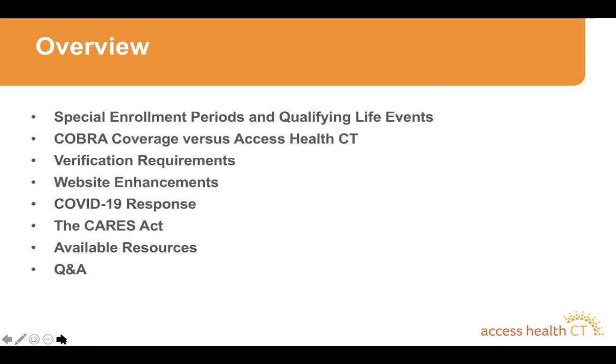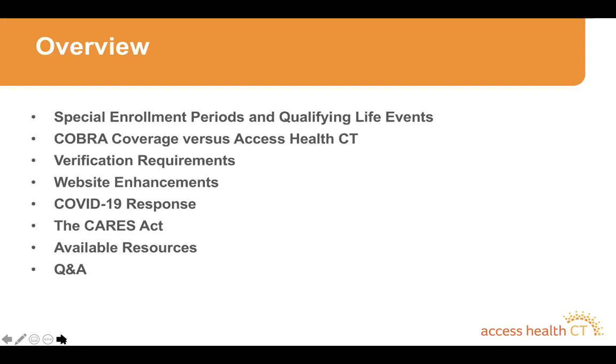So we're going to go over a variety of topics today, as you can see. We have a lot of ground to cover. We no longer are in the uninsured special enrollment period. That was the special COVID-19 uninsured SEP that ended on April 17th.